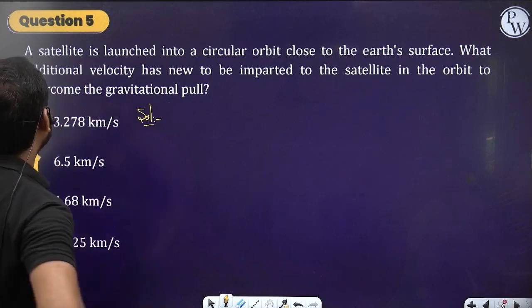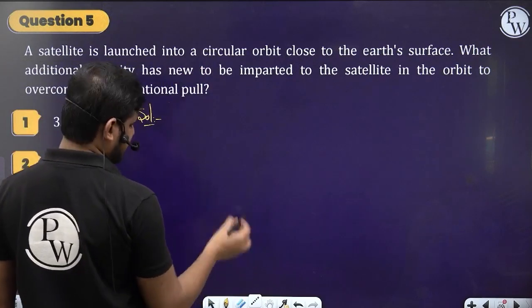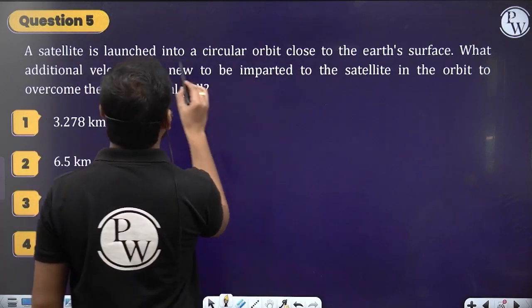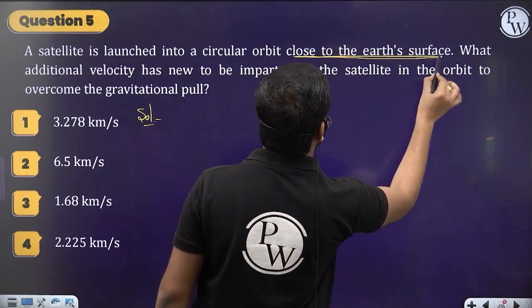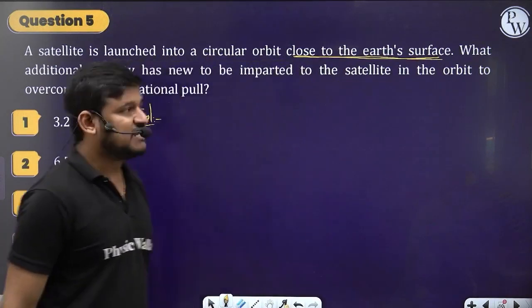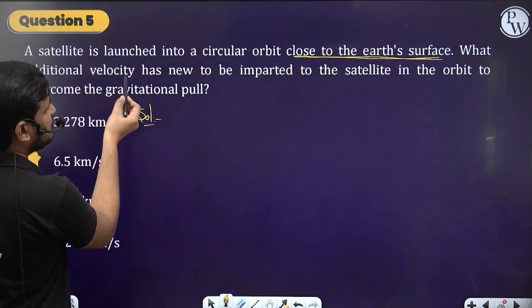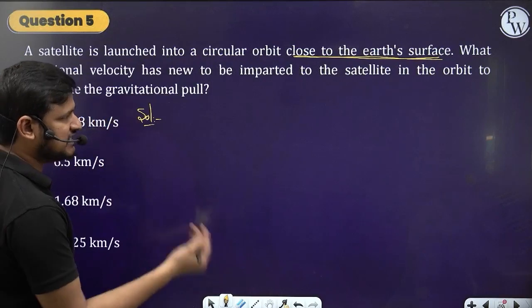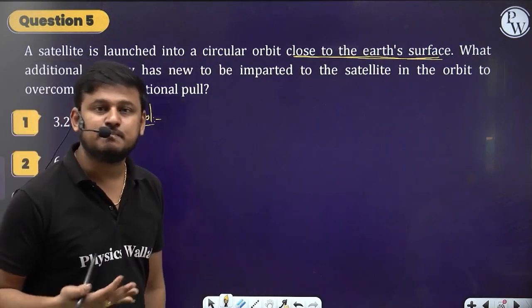See here, a satellite is launched into a circular orbit very close to the earth's surface. Underline this statement. So with what additional velocity has to be imparted to the satellite in the orbit so that it overcomes the gravitational pull?